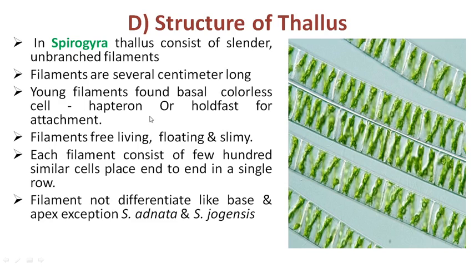It is devoid of chloroplast, and it develops a rhizoidal outgrowth which assists in attaching the filament to the substratum. The holdfast is nothing but the basal cell of the filament, colorless, and it produces the rhizoidal outgrowth that attaches to the substratum. Okay, so students, this is regarding the structure of the thallus in Spirogyra.